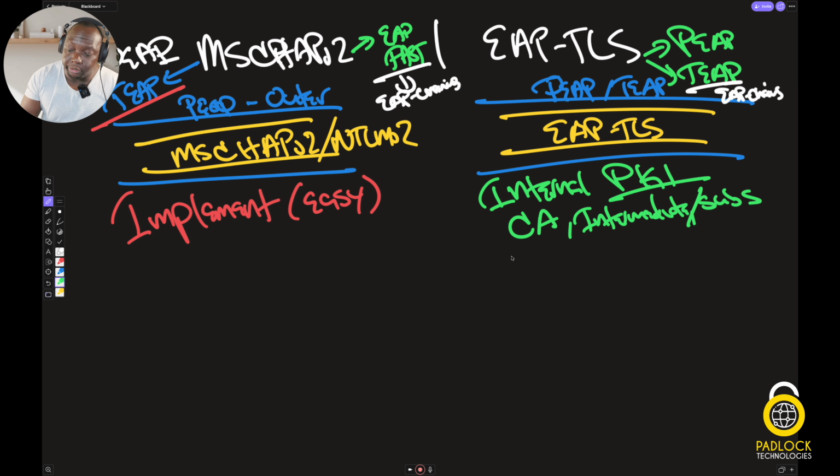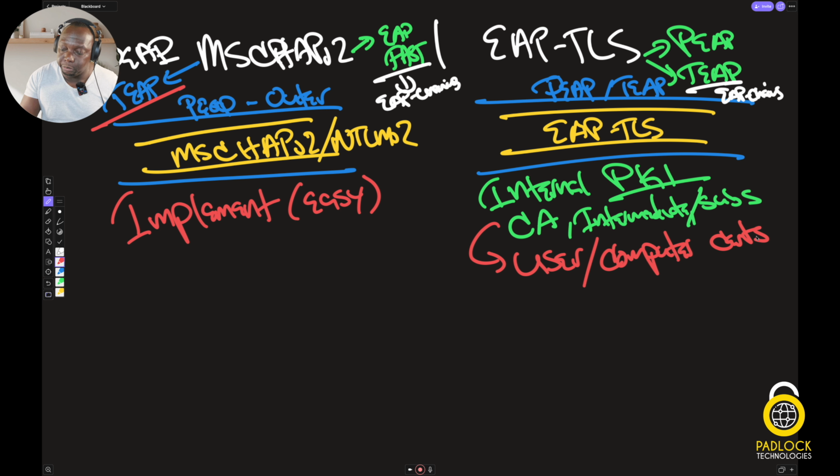Then you need to push out the certificates to all the supplicants. Now, a supplicant is basically a machine, right? And from a certificate standpoint, there are user certificates and computer certificates. So you need to push the certificates, user or computer certs, or both. I usually recommend both.